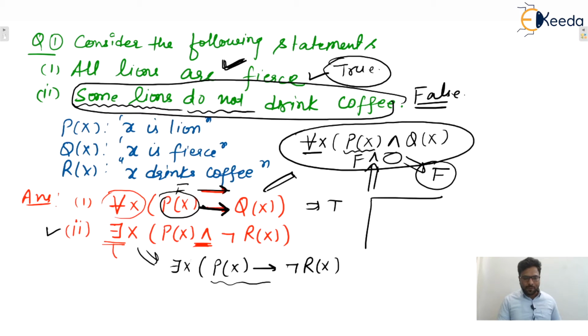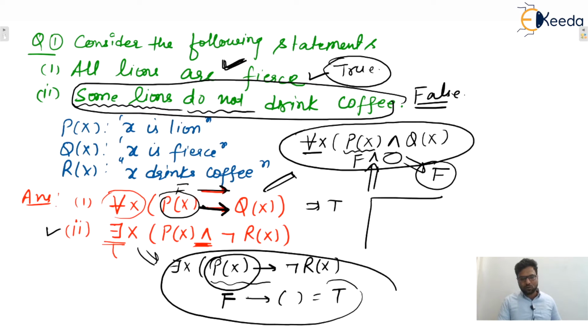There exists x, P(x) implies negation R(x). Some lions do not drink coffee, and if there is no lion among the creatures, then P(x) becomes false, and false implies anything is true, then this statement becomes true. That is not correct, it must be false only.